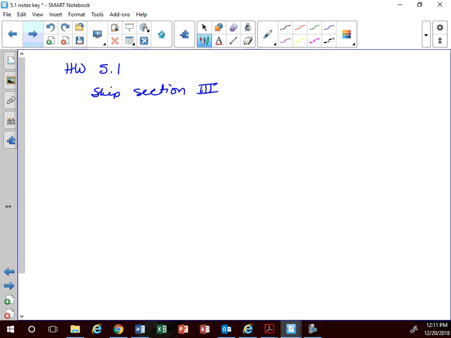A couple things I want to tell you. If you look at the first page there, section 1 you're going to do with no calculator. That's completely fine. I do want you to cross out 6 and 7 on that first section. They're written in a way that doesn't make sense. Skip.